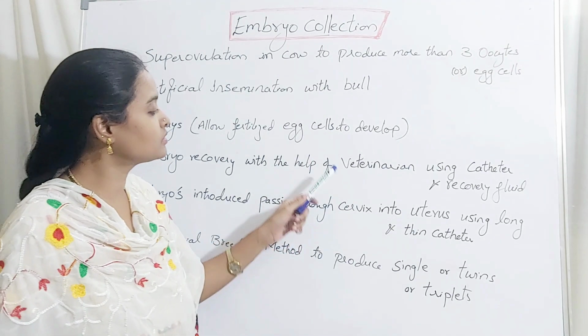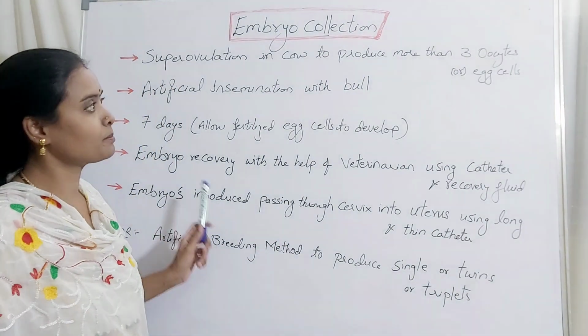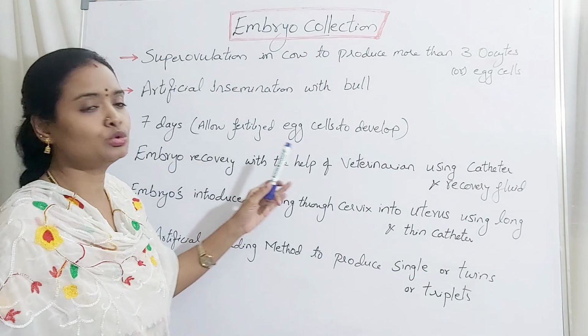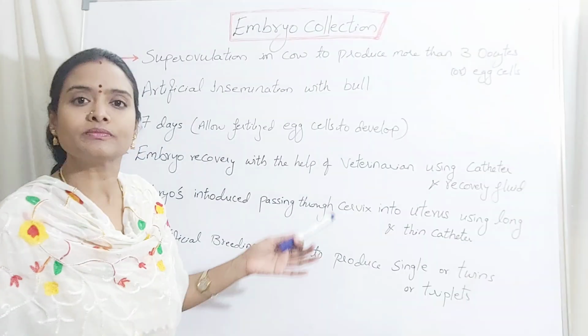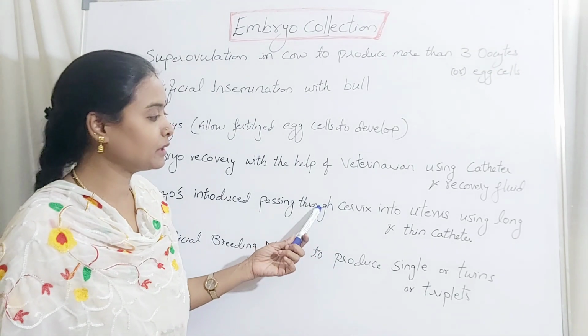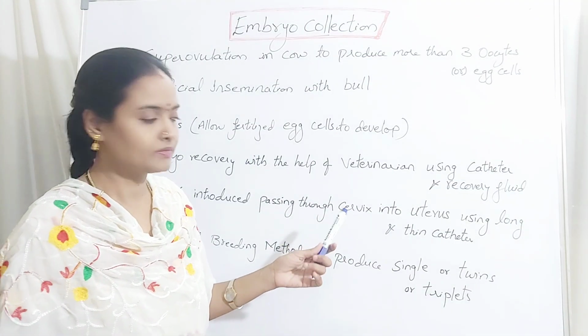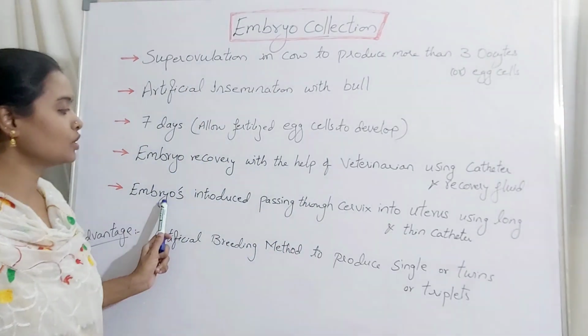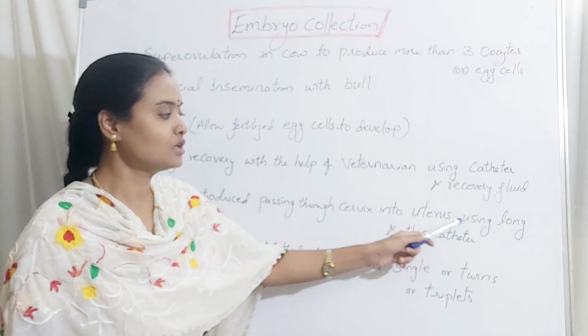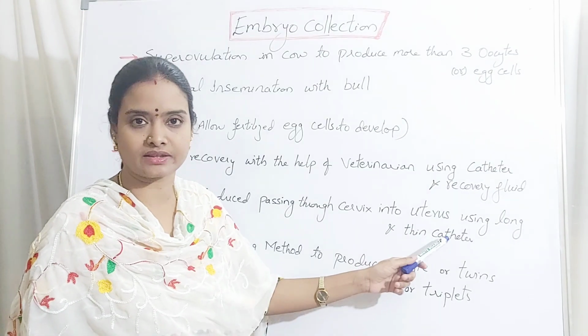They may introduce these embryos back into the same cow, or they may introduce two embryos into each cow, so that they will bear the baby for the gestation period. The embryos are introduced passing through the cervix into the uterus using long and thin catheters.